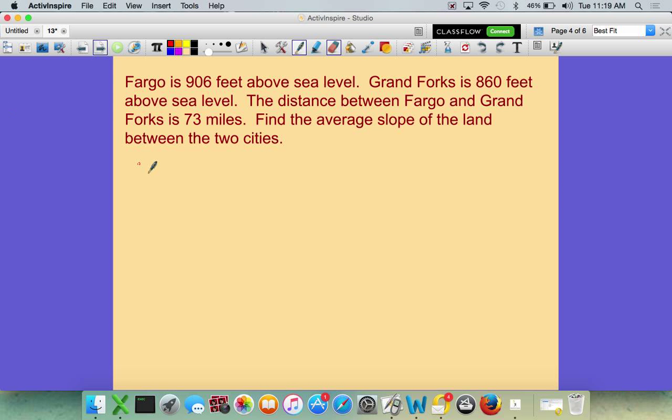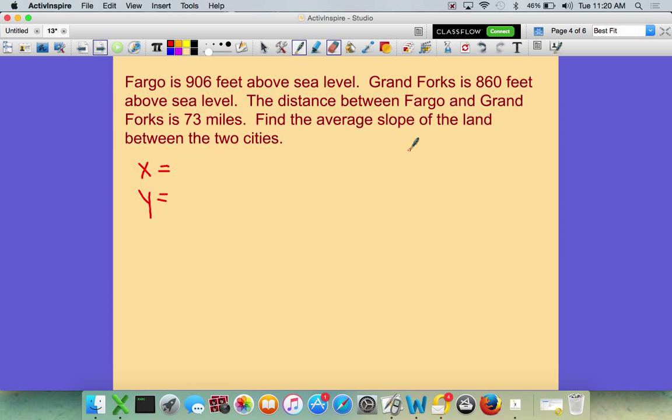All right, x and y. So let's say for a situation that x is the distance between the two cities. Well, 73 miles, above we have feet, below we have miles. Shouldn't they be in the same units there?